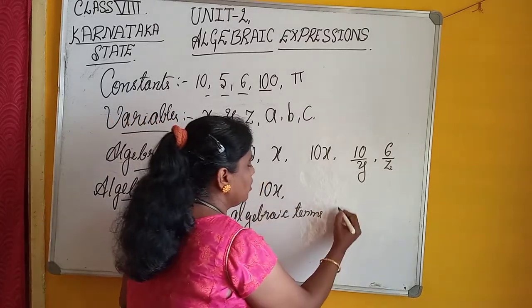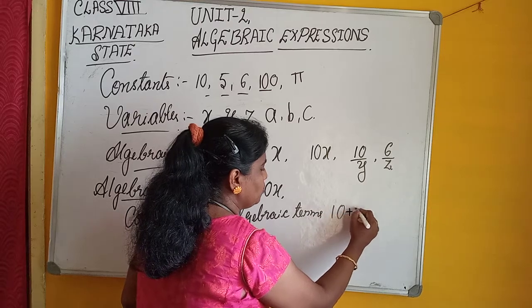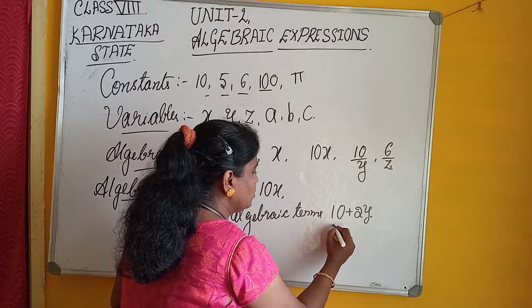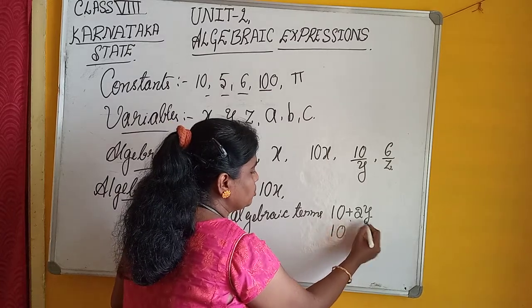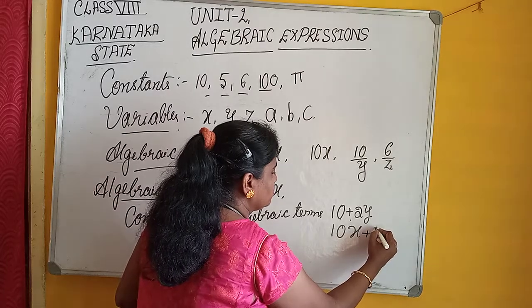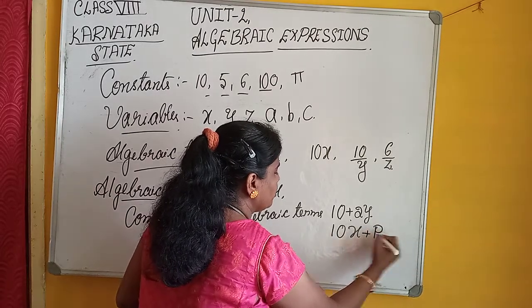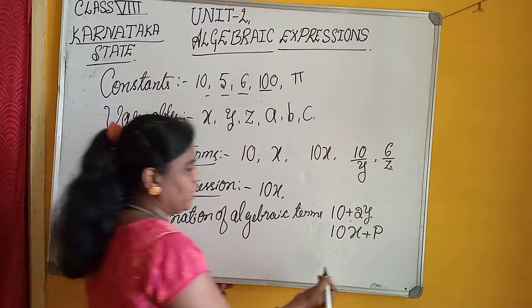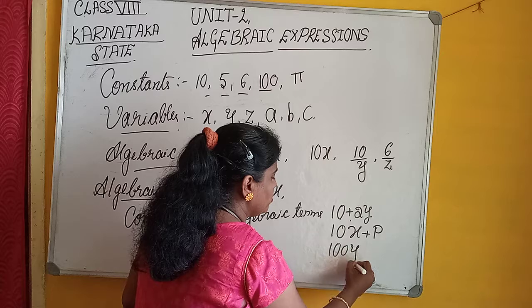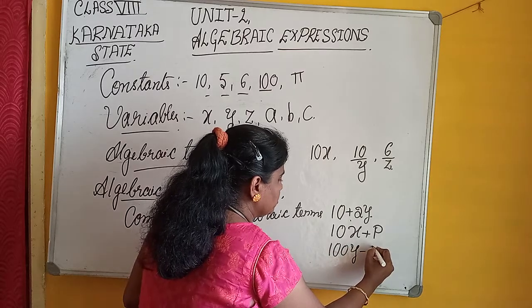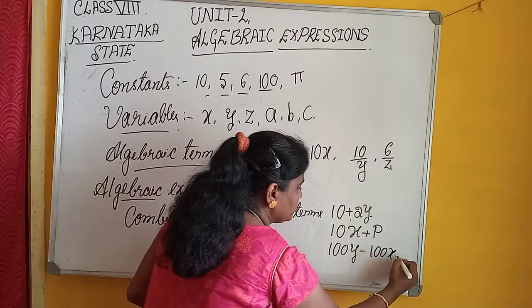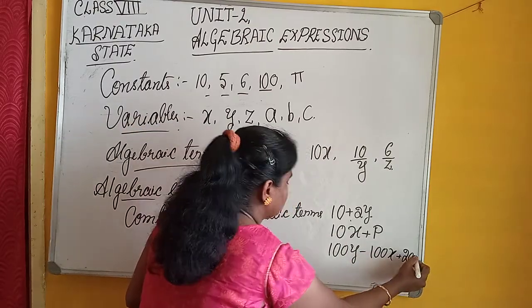For example, 10x plus 2y, or 10 plus 2y, or 10x plus p, like this. Or subtraction, maybe 100y minus 100x plus 200, like this.